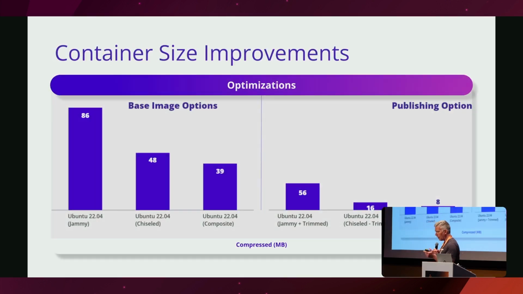Okay, very related to that, we have been working on making our container images way smaller. So I'll just basically talk about the start and the end of the journey. If you basically take your app and do nothing to it and just deploy it on regular Jammy, your container image compressed will be 86 megabytes. So that might be more than you want. On the complete other end of the spectrum, we have some tools that you can use to trim your apps down.